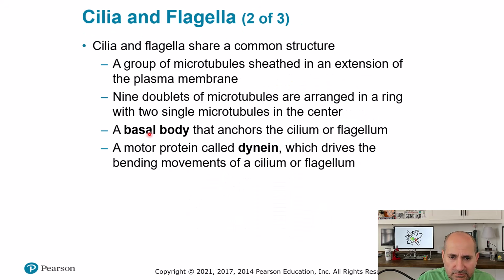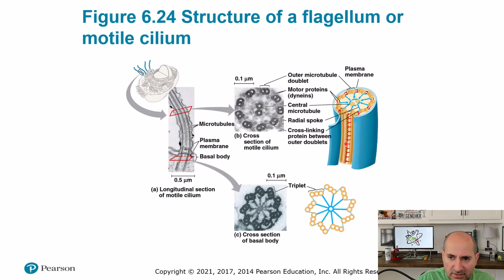The flagella has a basal body that anchors the flagella to the cell membrane, as well as dynein, which are walking motor feet to help with the bending of the flagella. And remember the 9+2 arrangement here: 9 doublet microtubules surrounding 2 singlet microtubules. So microtubules are required for the flagella and the cilia.